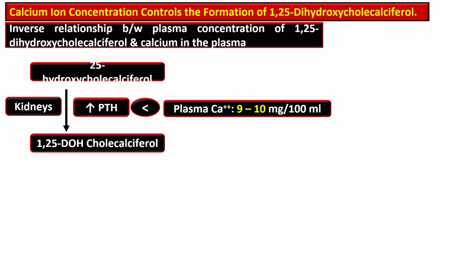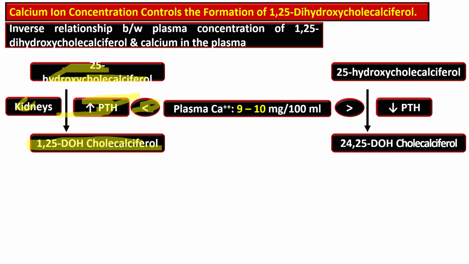When it is decreased, there is increased parathyroid hormone, and in the kidney, the conversion of 25-hydroxycholecalciferol is increased into 1,25-hydroxycholecalciferol. When the calcium concentration is increased, this parathyroid hormone level is decreased.